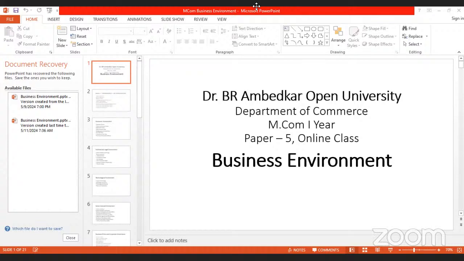Then, Unit 14 was Structure of Indian Banking. And the next unit was 15, fiscal policy. And the last unit was financial sector reforms.